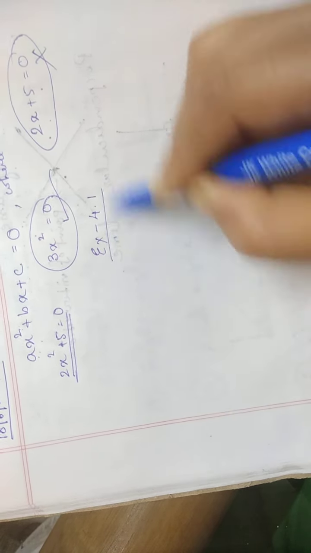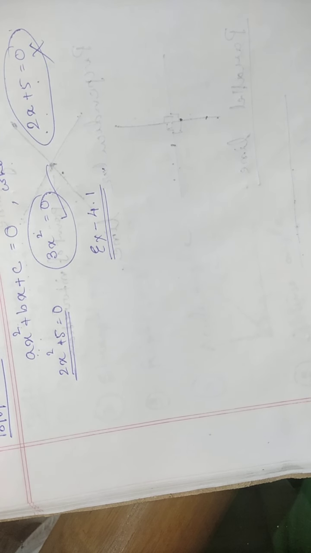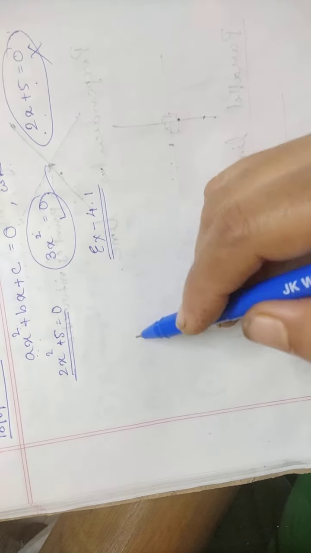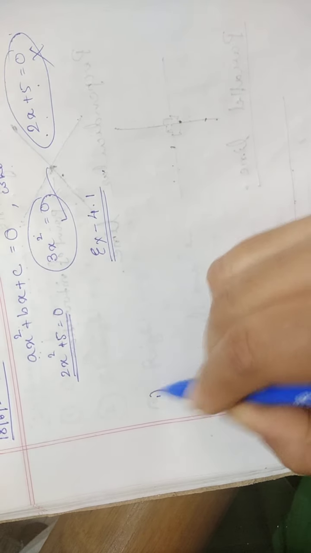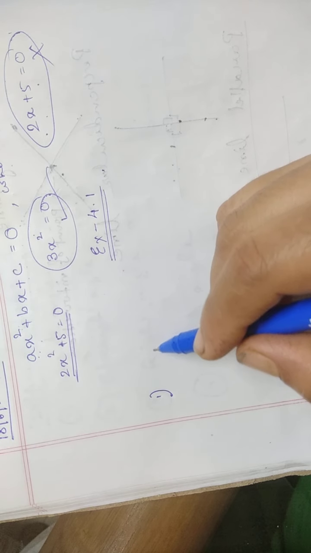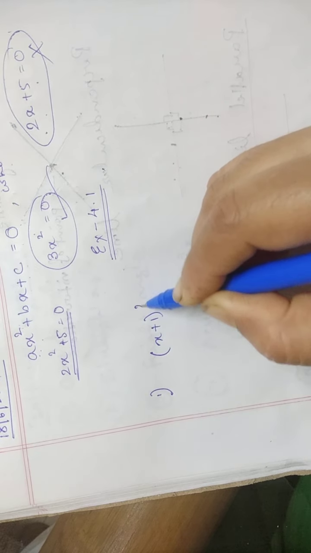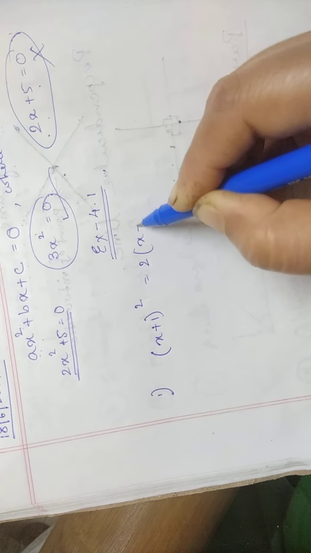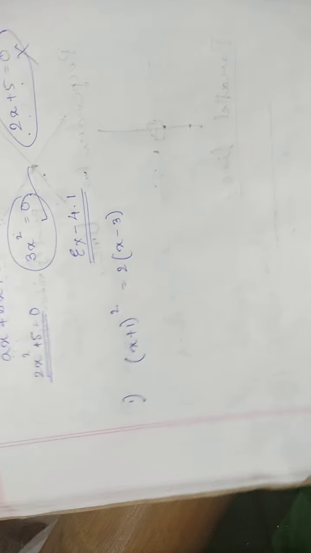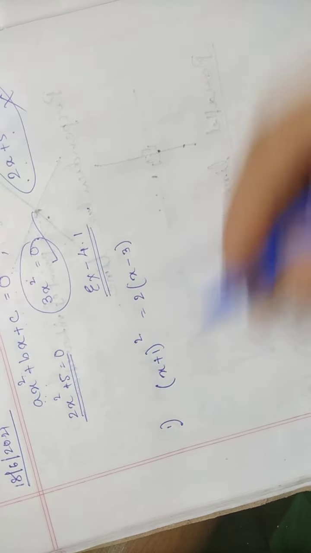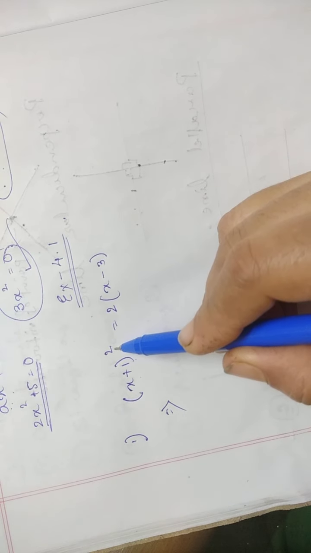Exercise 4.1, question number 1, it is given, check whether the following are quadratic equations or not. Okay, now see number 1. x plus 1 whole square equal to twice x minus 3. So you have to check this one is a quadratic equation or not. Left hand side it is a plus b whole square form.